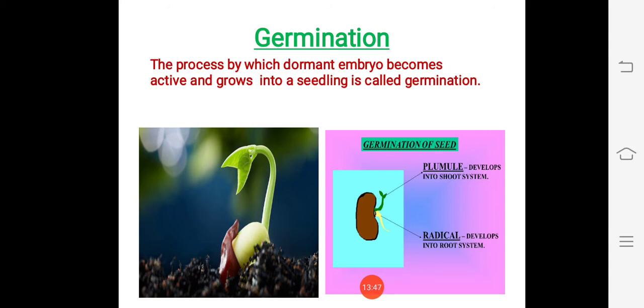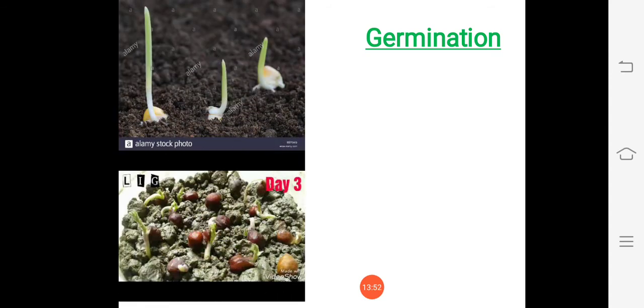In seeds such as pea, gram, maize, the cotyledons lie below or on the soil surface as the radicle and plumule start to grow. They provide nourishment to the growing plant until the leaves grow.